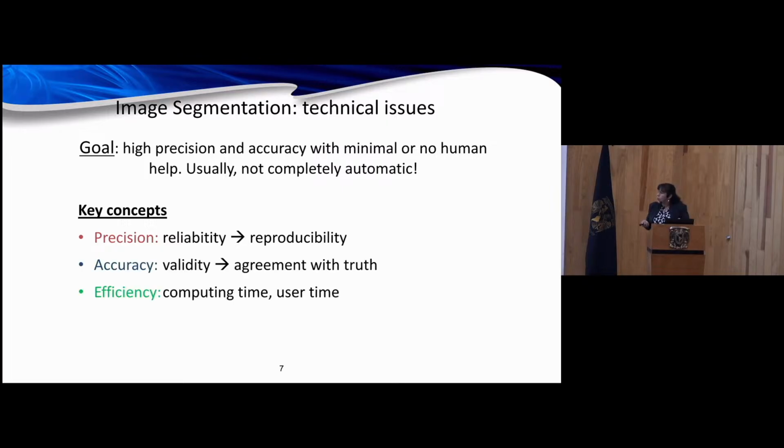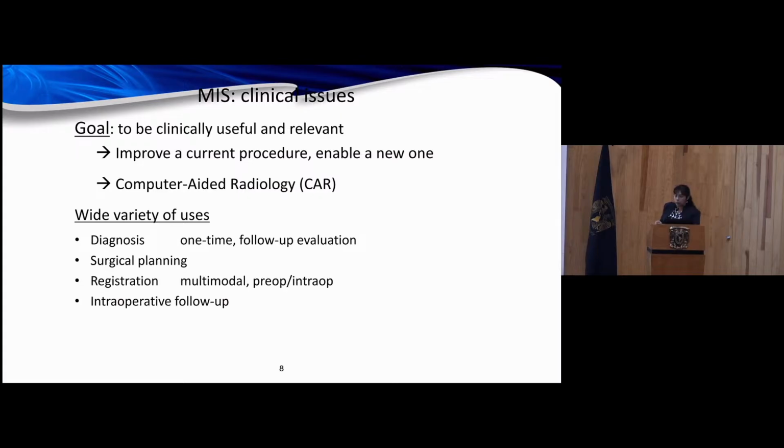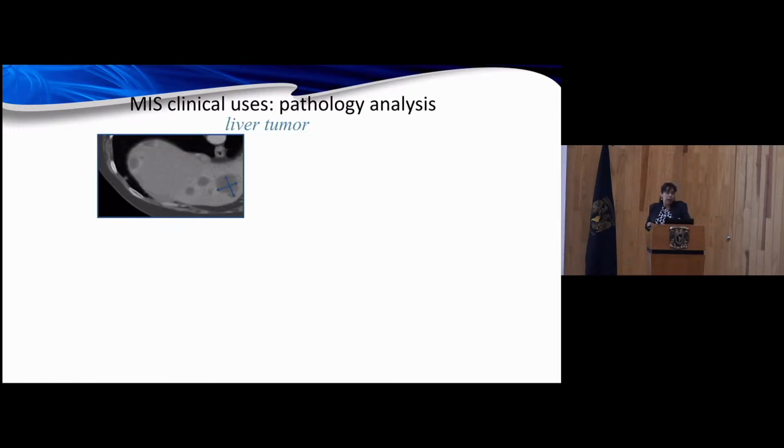So we need to have all of these concepts given in a tool for segmentation, and in this way, we can improve our procedures and support new areas for computer-aided radiology.